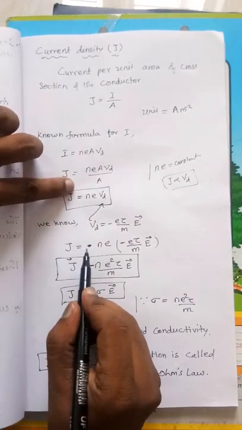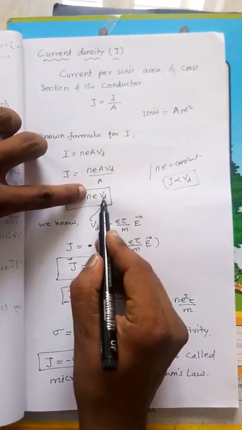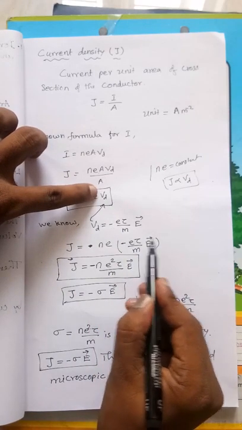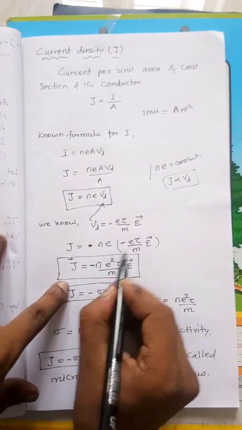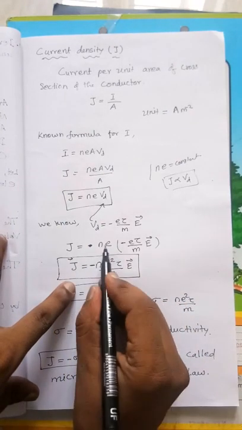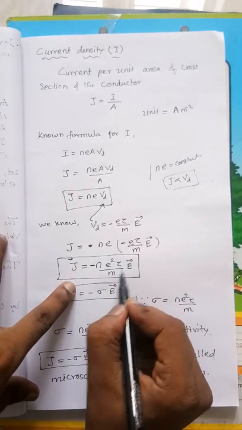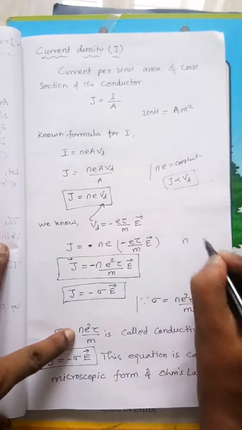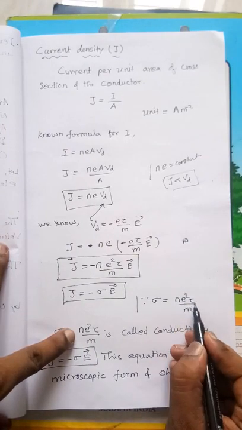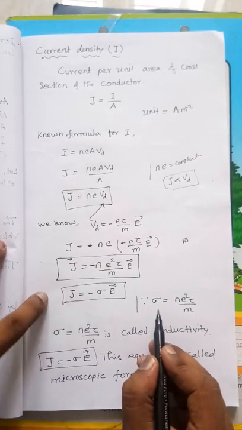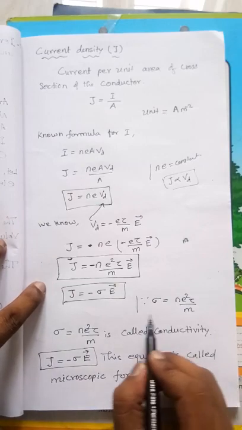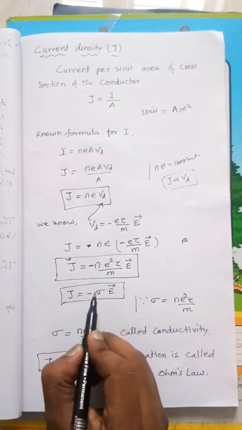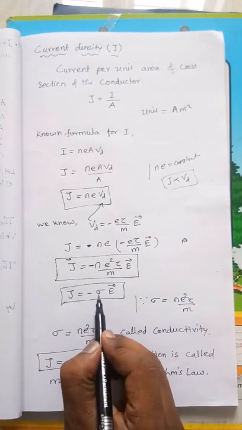So J is equal to n e into minus e tau by m E vector, which gives minus n e square tau by m E vector. Here n e square tau by m is one constant. That constant is the conductivity, which is called sigma.